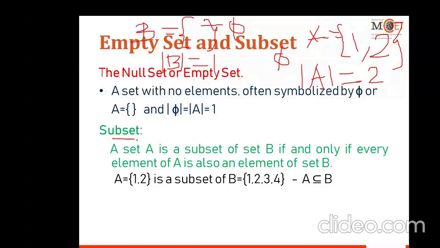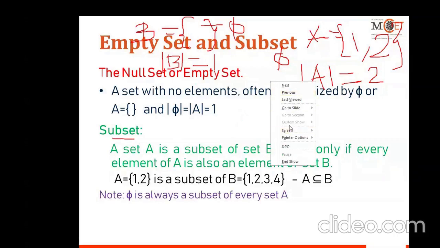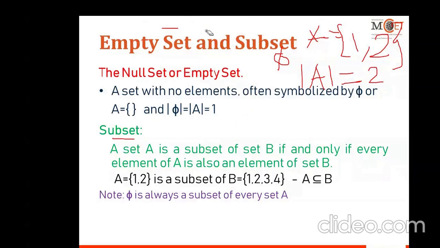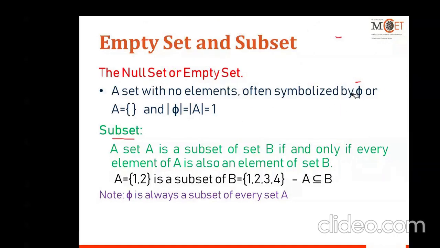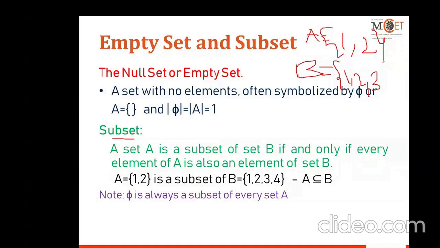Now what is meant by subset? Now consider any two sets. Let them be A and B. A has two elements, 1 and 2, and B has four elements, that is 1, 2, 3 and 4.